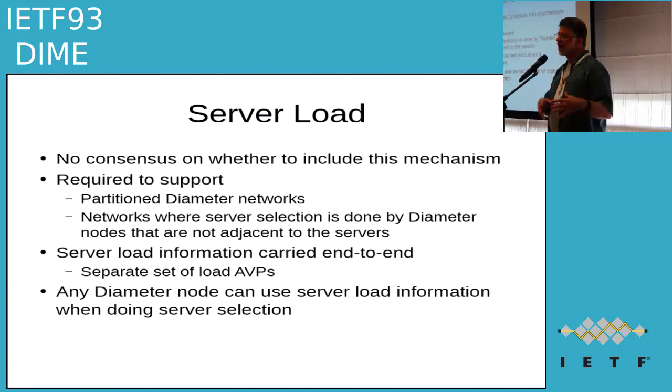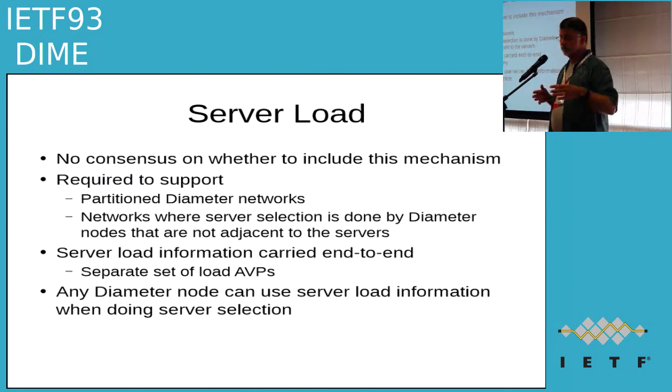What I would suggest is that we have a section in the load draft that talks about the specific scenario where we have nodes that are not adjacent to the servers doing server selection, and in order to do that, need to have load information to properly do that server selection. And then we define a set of AVPs to allow that server load information to transit end to end rather than peer to peer, like we talked about in the previous version.